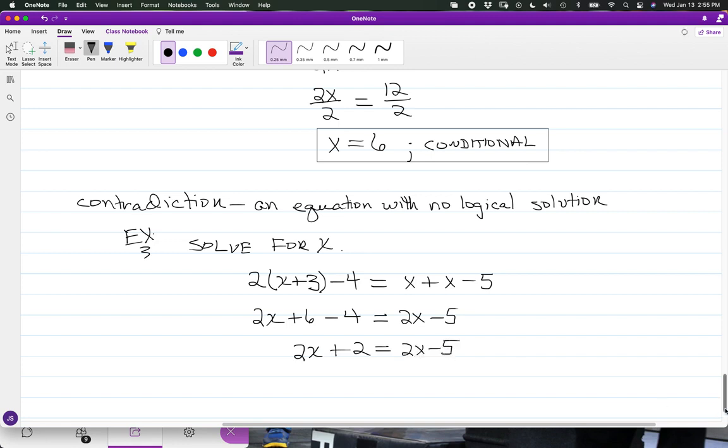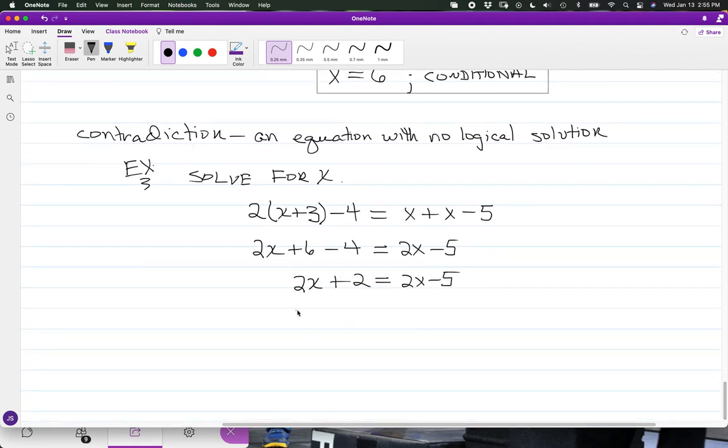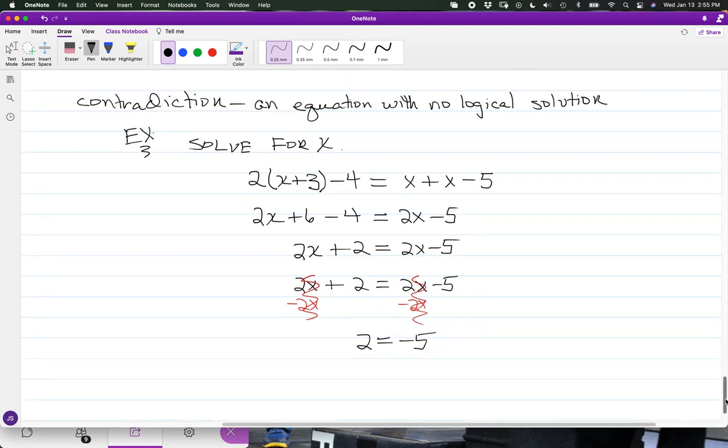And if you notice, we have the same weight in terms of the variable terms on both sides. And if I join them together, so if I subtract 2x on both sides, you have complete cancellation, and left standing will be two numbers that are said to equal each other when in fact they are not.